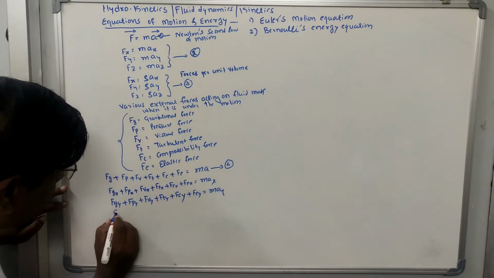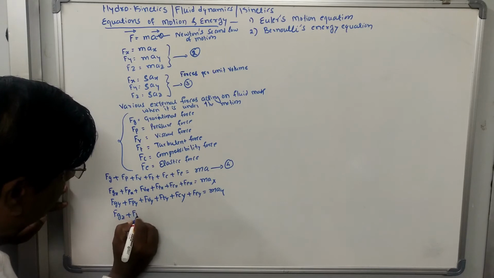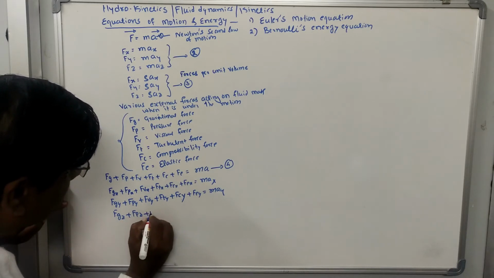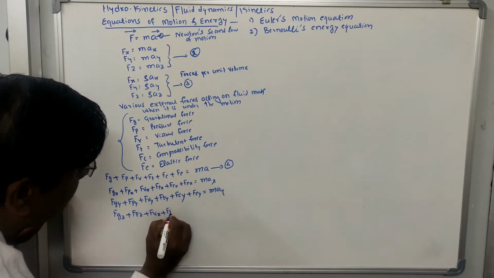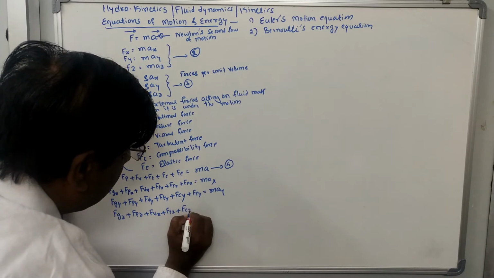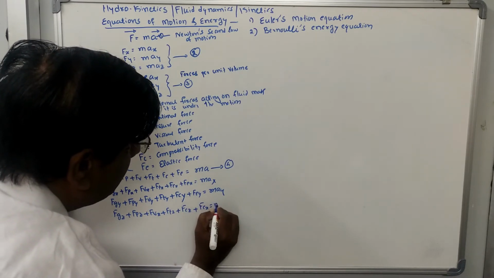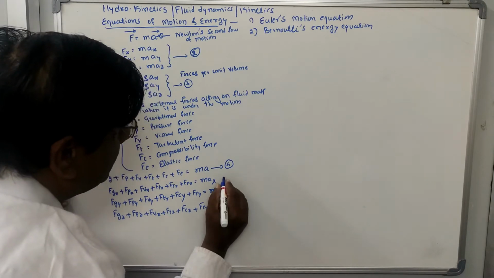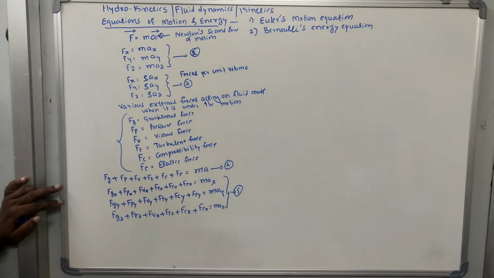Similarly, in the z direction, F_Gz plus F_Pz plus F_Vz plus F_Tz plus F_Cz plus F_Ez is equal to M a_z. So you can call these a set of equations 5.